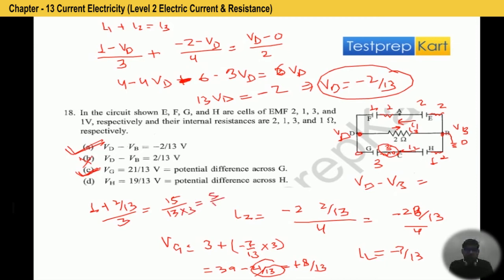From here we'll get 5 over 13. Okay, now for cell H, the internal resistance is 1 ohm. So this potential difference is 5 by 13. And its internal resistance, I think we have to try this question again from this point itself.